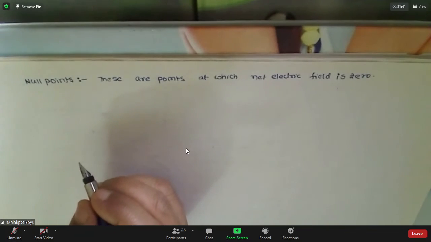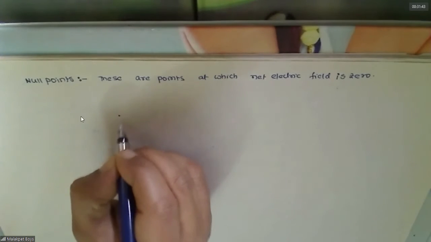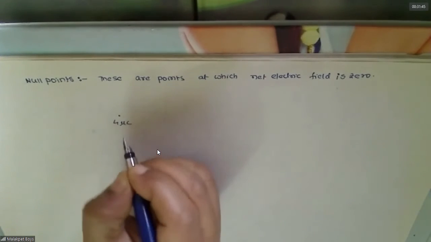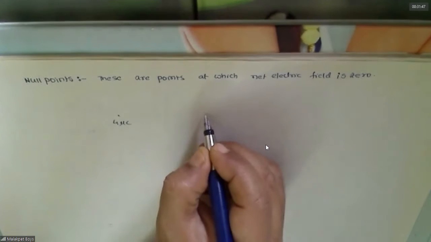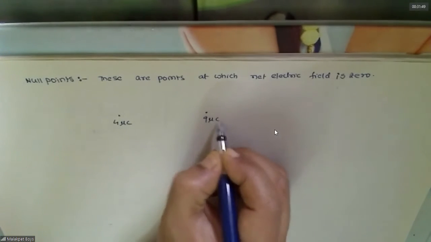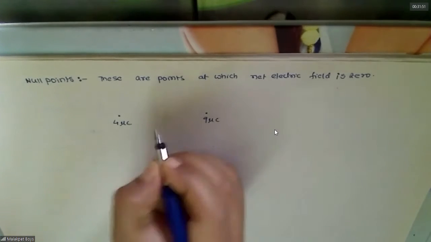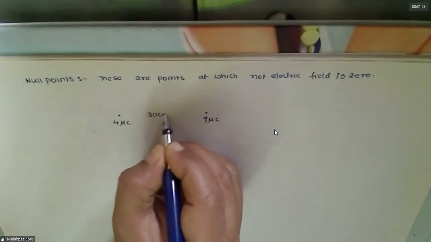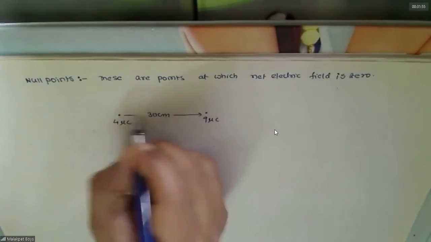He'll ask you, for example, there are two charges, one is 4 microcoulomb and the other 9 microcoulomb. They are separated by 30 centimeters. Find the null point, he says.